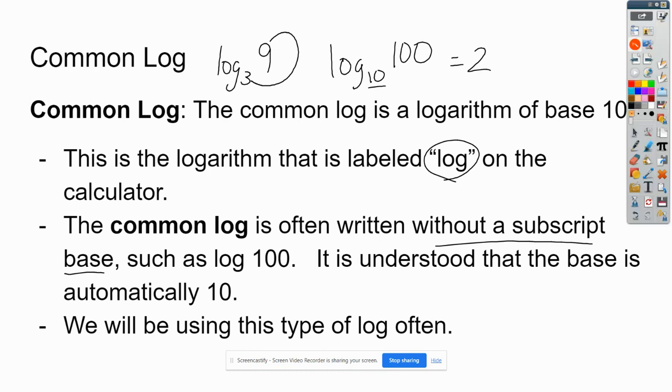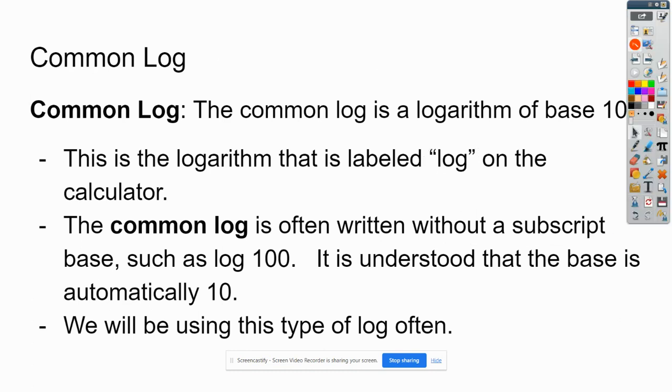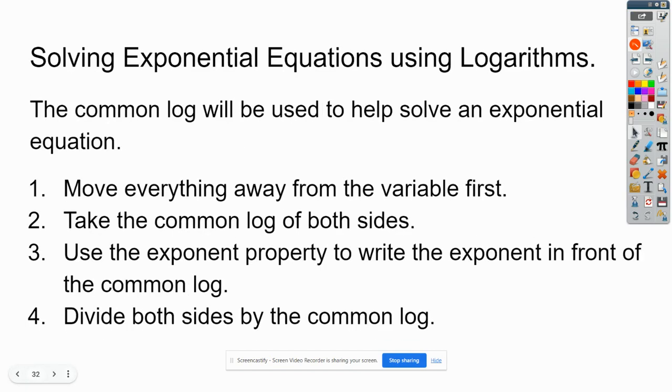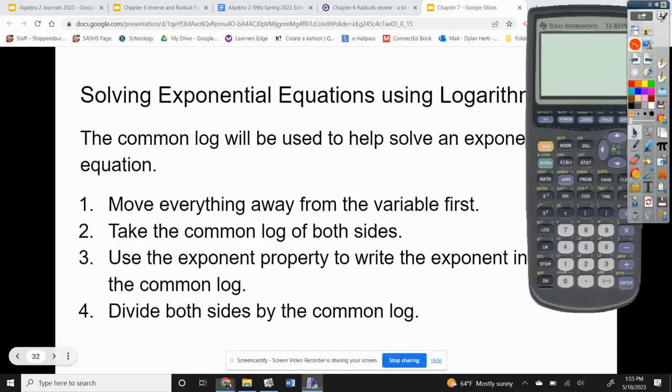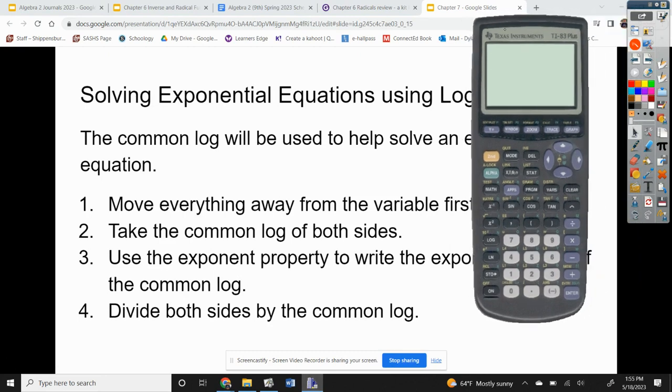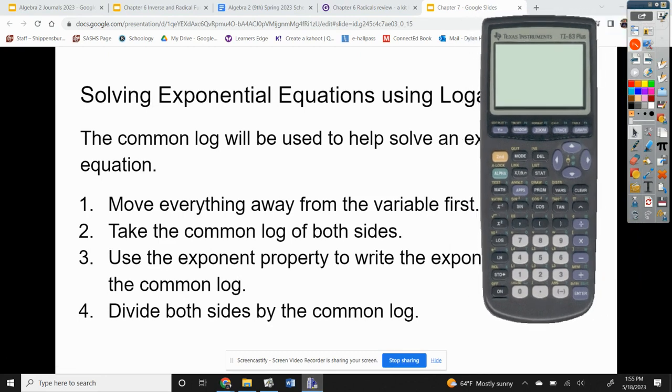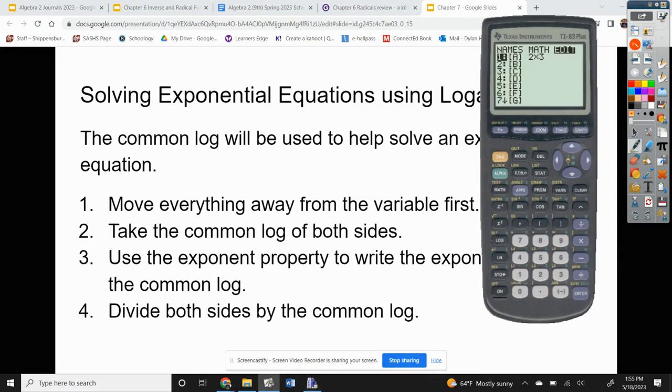Let me just take my calculator out here, show you what that looks like. Okay, so on your calculator, you can see on the left side here, you've got a couple options. So on the left side, you'll see the log button, log, and that is the common log. So that is log base 10.